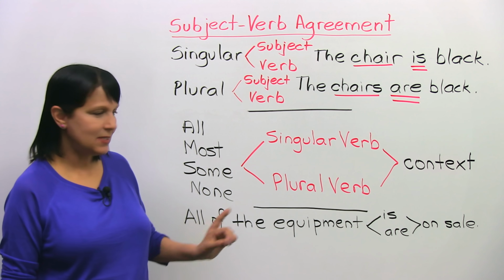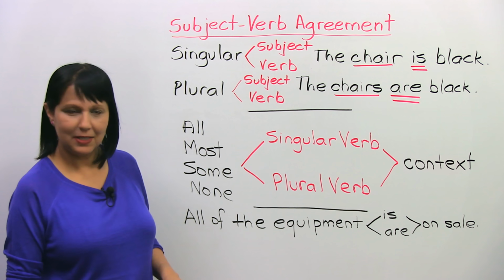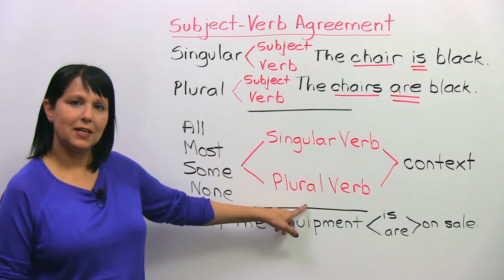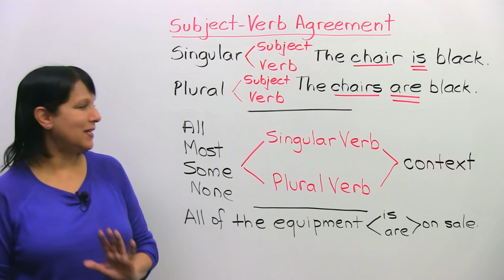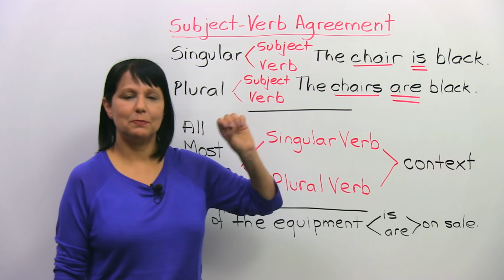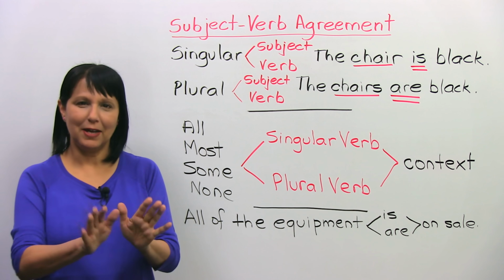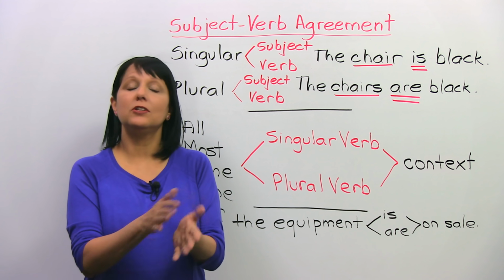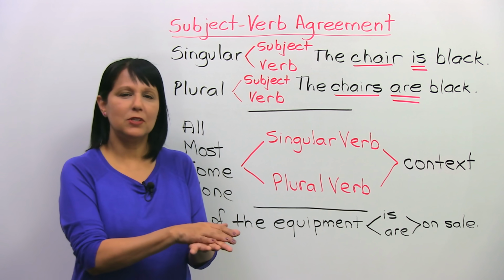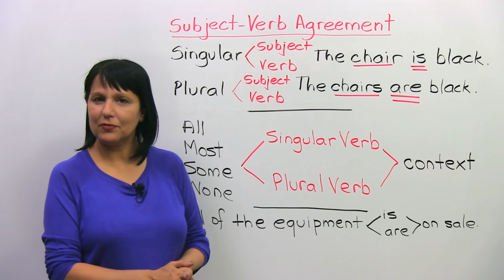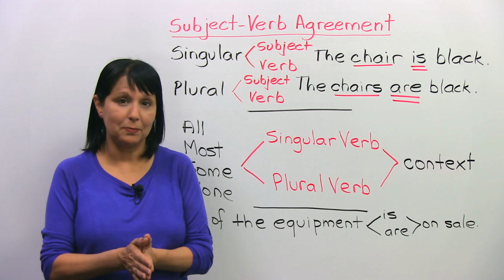Because sometimes they take a singular verb and sometimes they take a plural verb. It depends on the context, depends on the sentence, depends on the situation, okay? But by the end of this lesson, you're going to know 100% which one to use, when to use the singular verb and when to use the plural verb, okay?